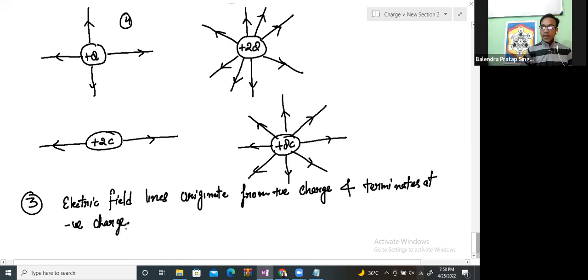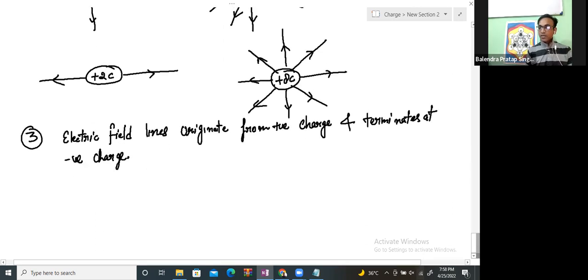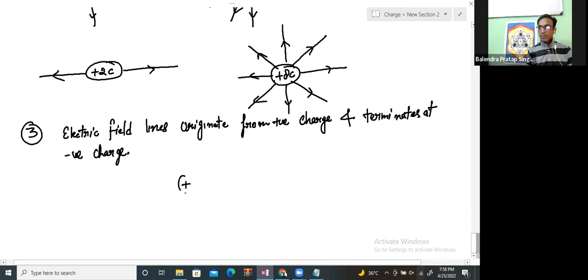Okay, electric field lines originate from positive charge and terminate at negative charge. So the direction of the field you consider is positive to negative. Originate from positive charge, and terminate at negative charge.